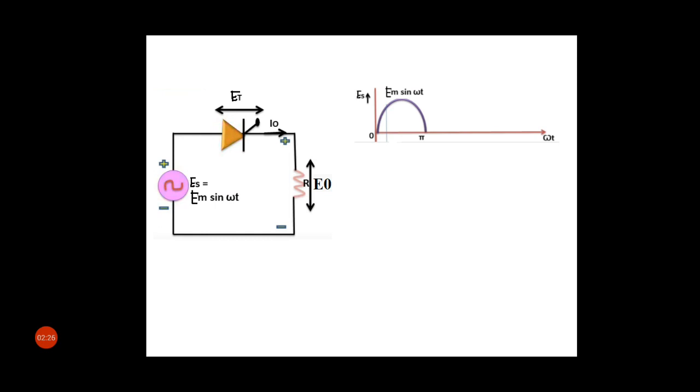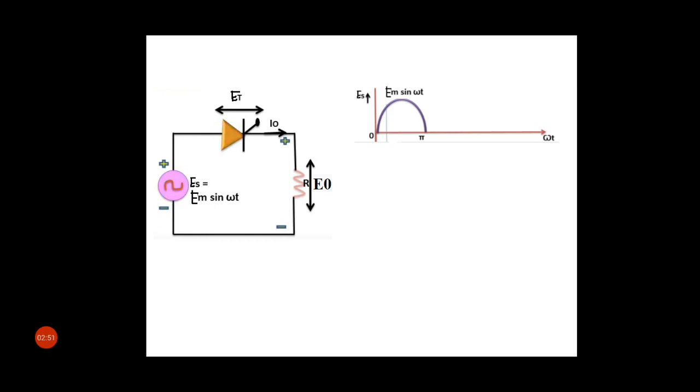From this point onwards, the load voltage follows the supply voltage, that is, after the period of alpha. Alpha means when you provide the trigger pulse or gate pulse at the gate terminal of the thyristor.